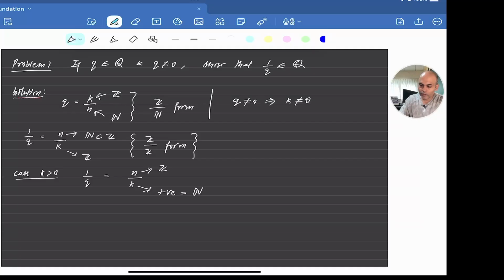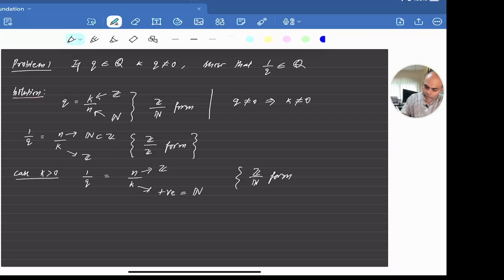So what we have is when k is greater than 0, 1 over q is in the z over n form.